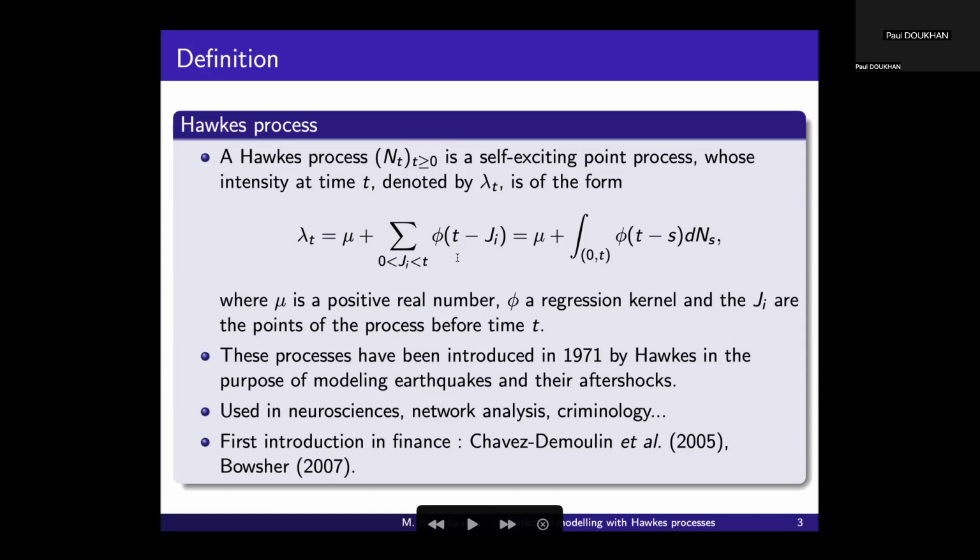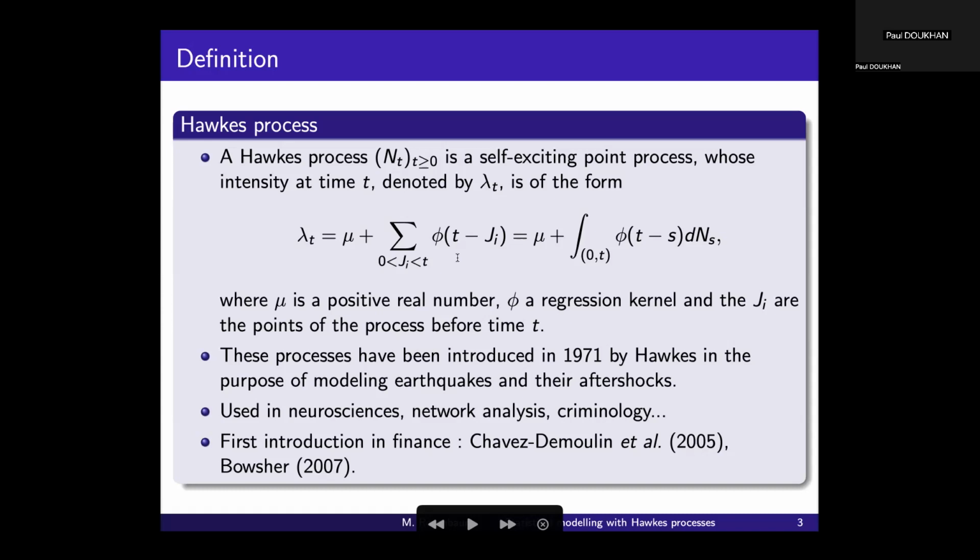And the children themselves have children as a non-homogeneous Poisson process with intensity function phi, and the grandchildren themselves have children, and so on and so on.